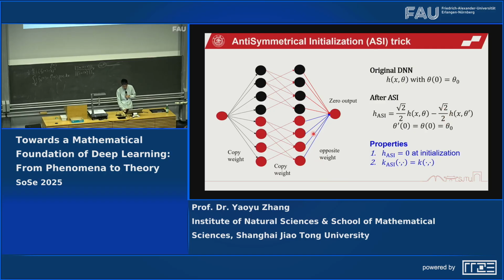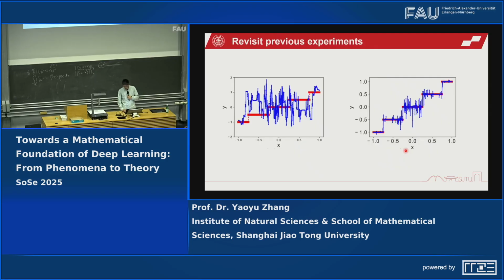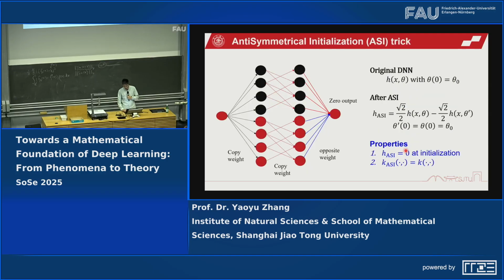Therefore, these two parts cancel one another at initialization. After this anti-symmetrical initialization trick, where you double the neural network, the initial output function stays 0, despite the variance of theta being very large. With this trick, you can use a very large initial variance without worrying about severe overfitting.